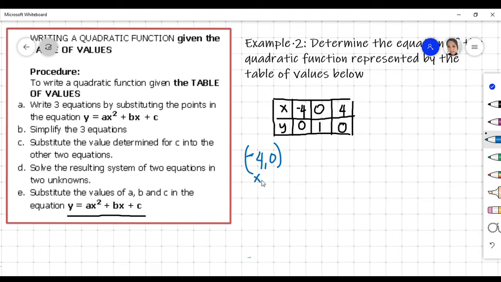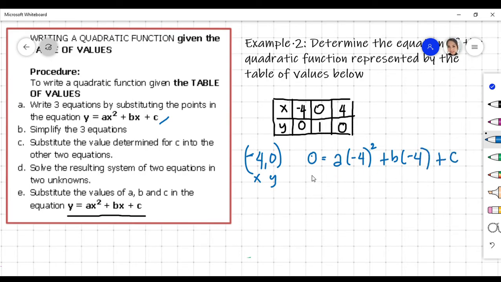Our x is negative 4 and our y is 0. So we will substitute that to this equation again. So y is 0, so 0 equals a, x is negative 4 squared plus b times negative 4 plus c.